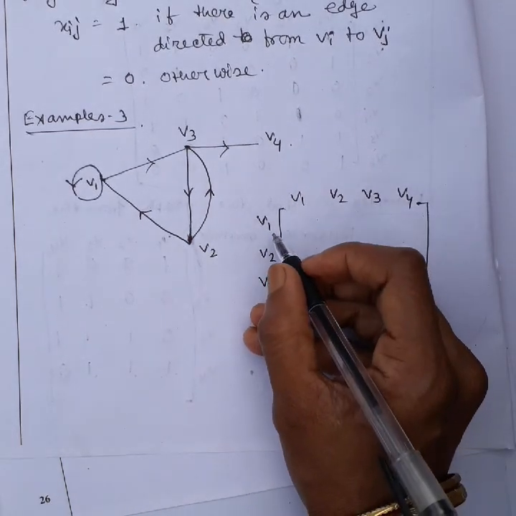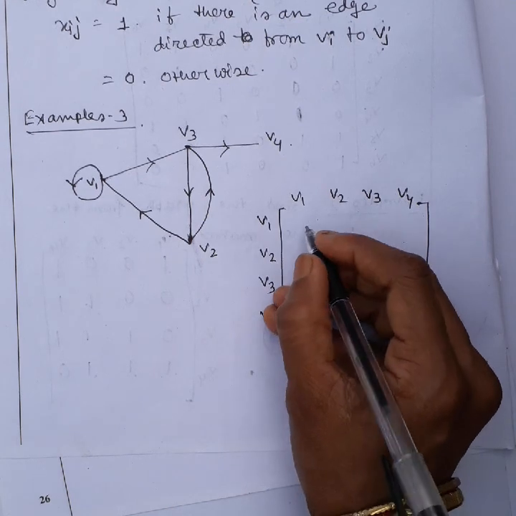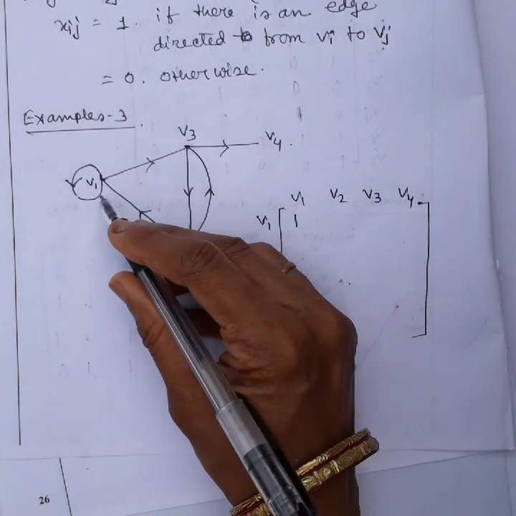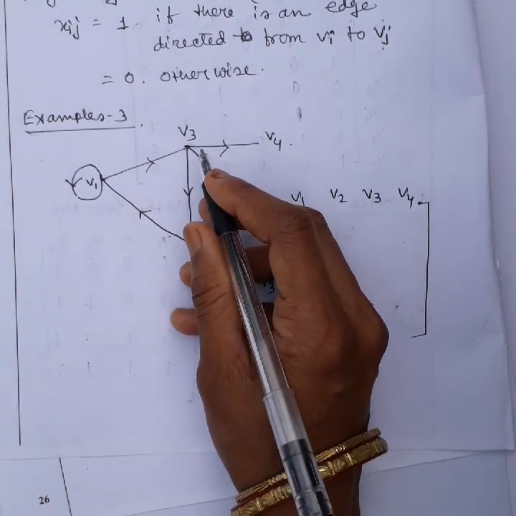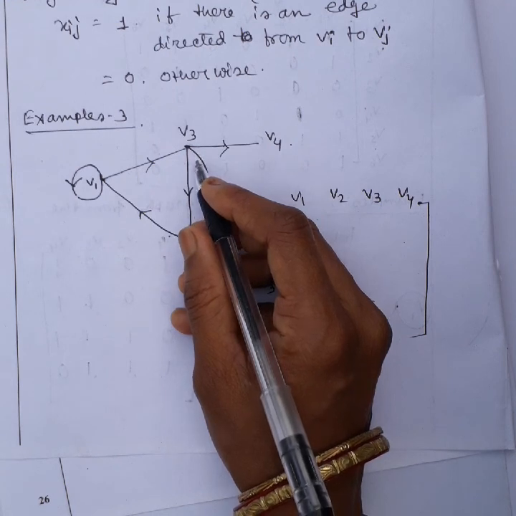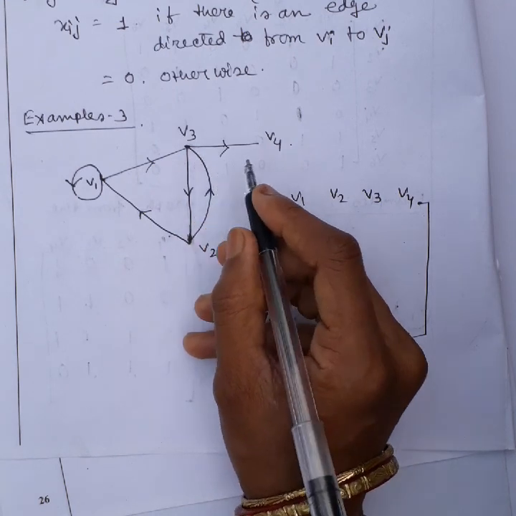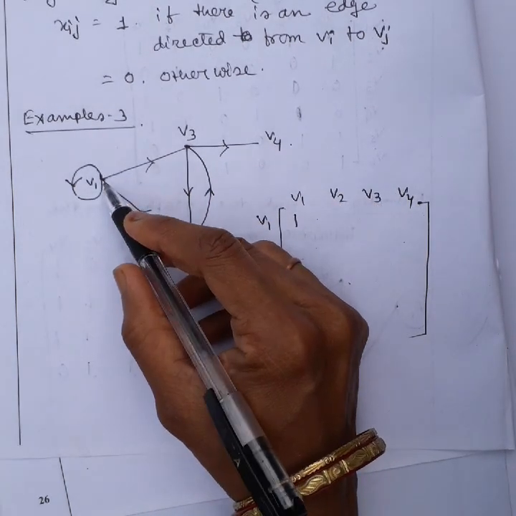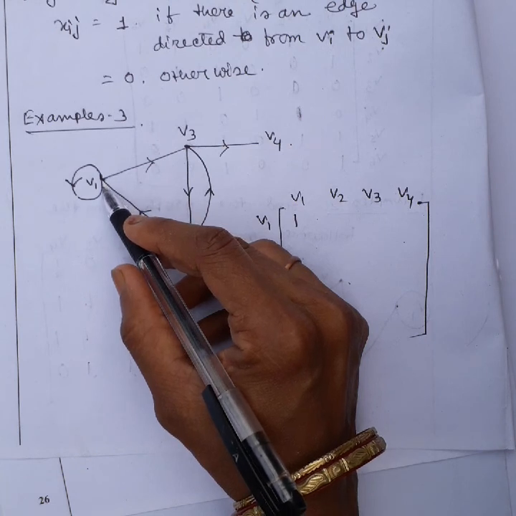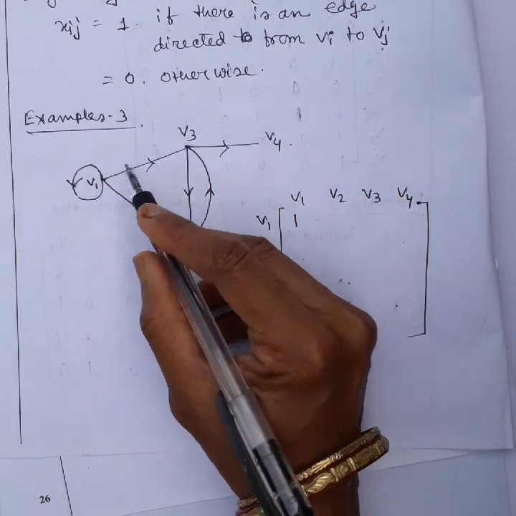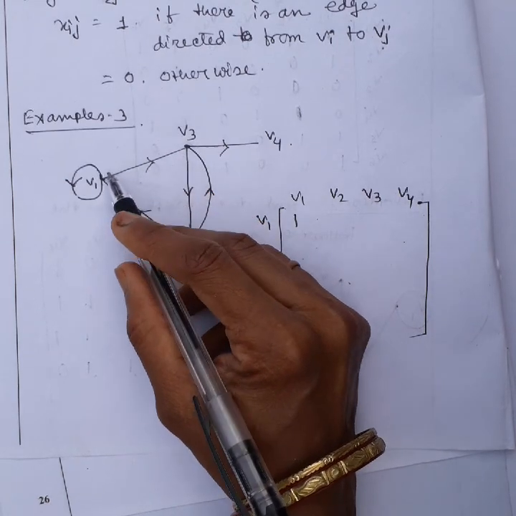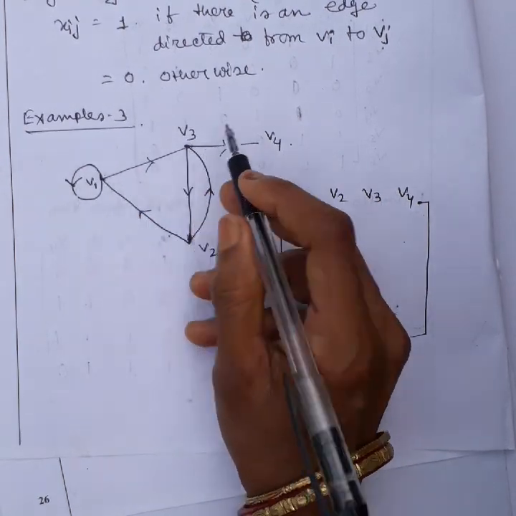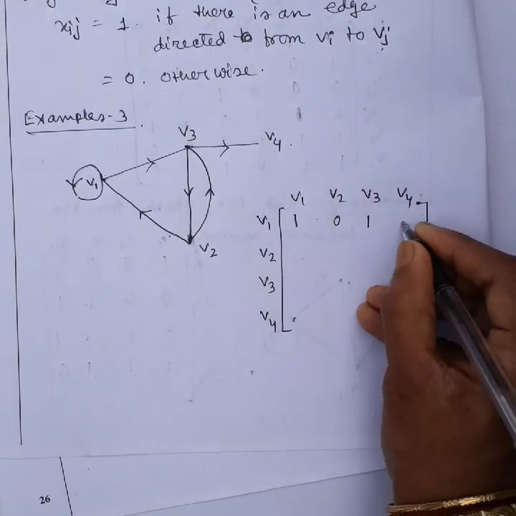See here, V1 is connected with V1 again, so it is 1, and from V1 to V3 there is an edge directed. V1 to V1 and V1 to V3. So the V1 and V3 positions are 1, others are 0.